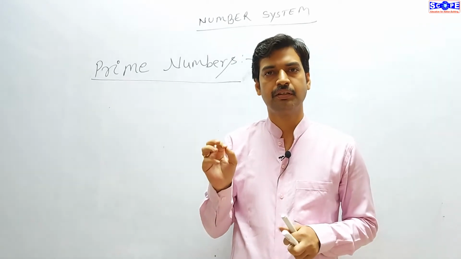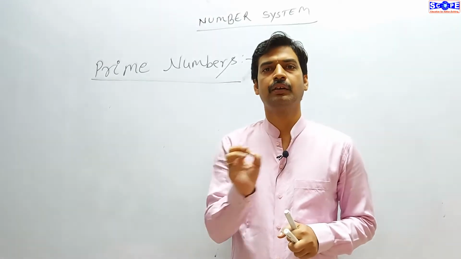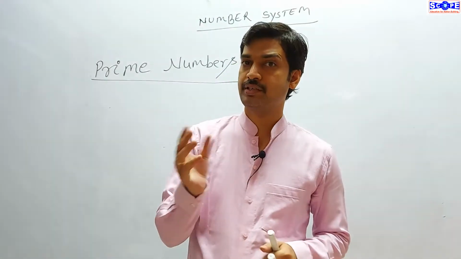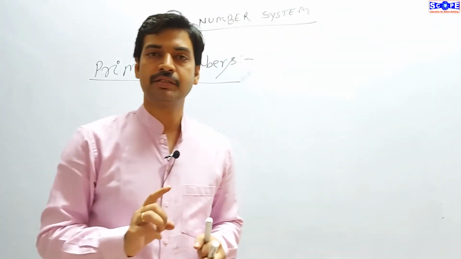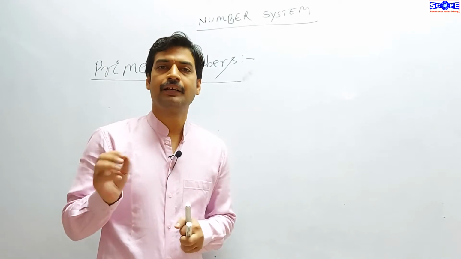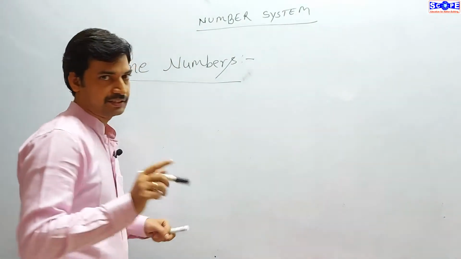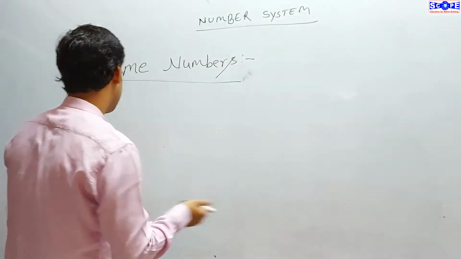It means if a number is divisible by only 2 divisors, then it is called a prime number. And these 2 divisors are also fixed. One is 1, and the other is the number itself. Right? Not less than 2 factors, not more than 2 factors.